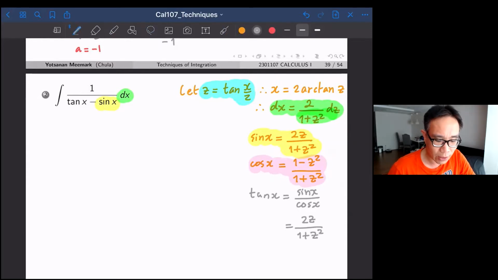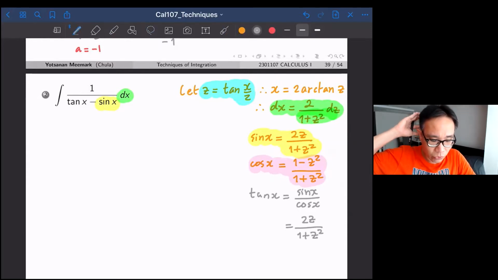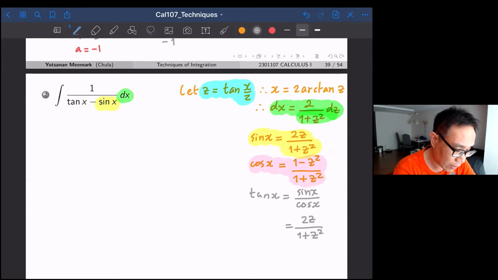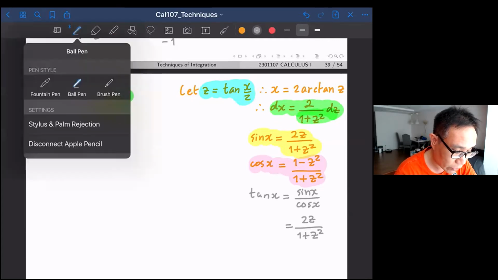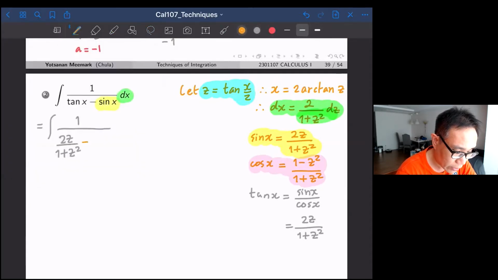Okay, so you have tan x equal to 2z over 1 plus z square. So you're going to integrate. Okay, so it's going to be 1 over 2z over 1 plus z square, minus sine x. What is sine x? It's going to be 2z.